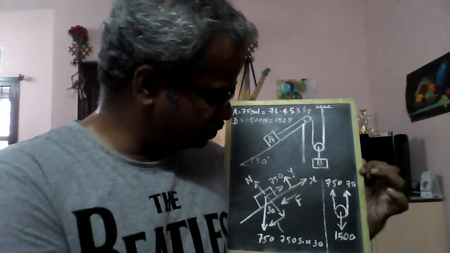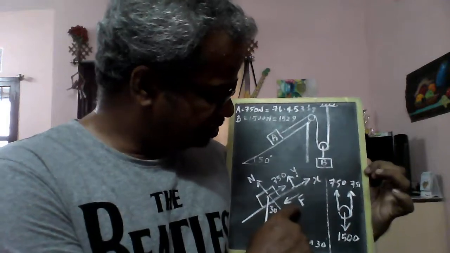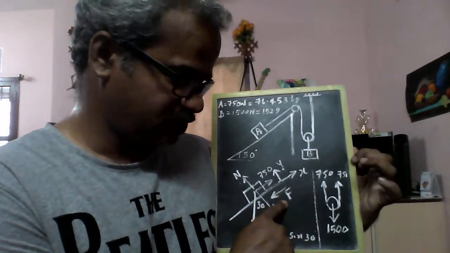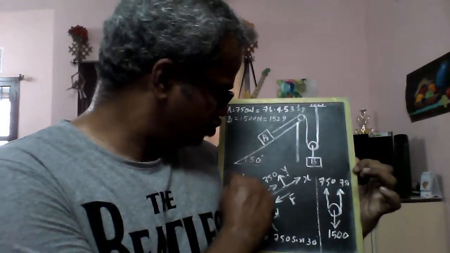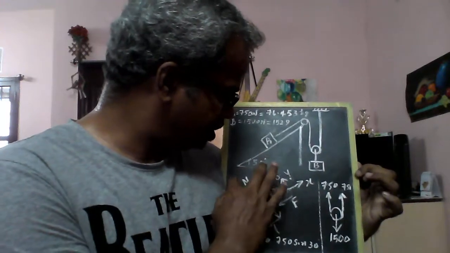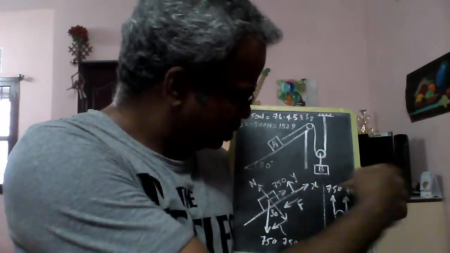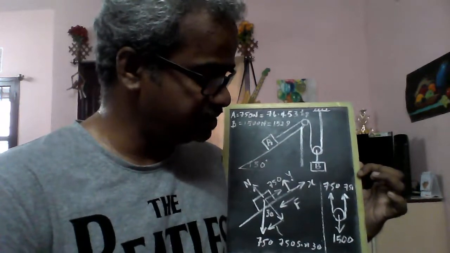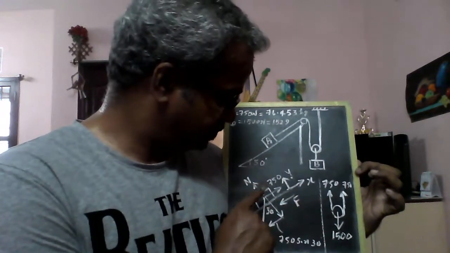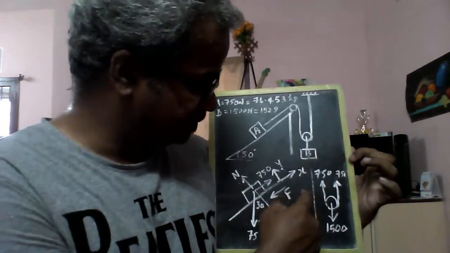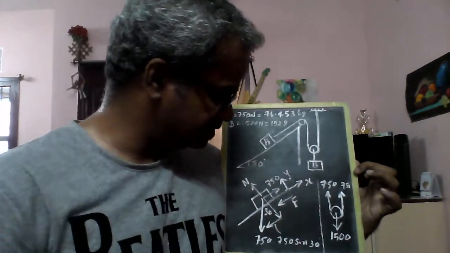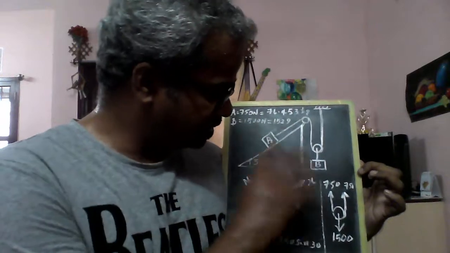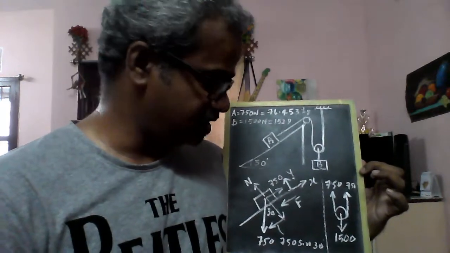This is the frictional force. We consider the body is moving upward, so the frictional force is acting downward. So we are assuming that the body is at rest, and the frictional force is in the negative direction.